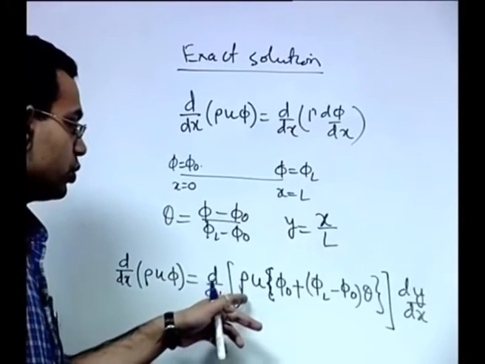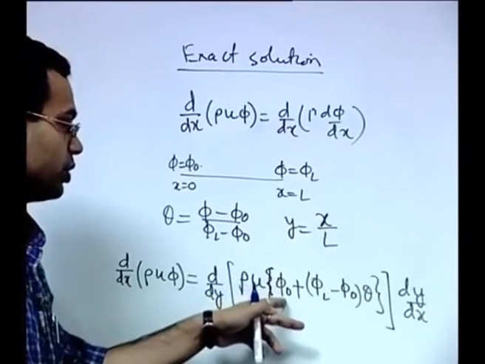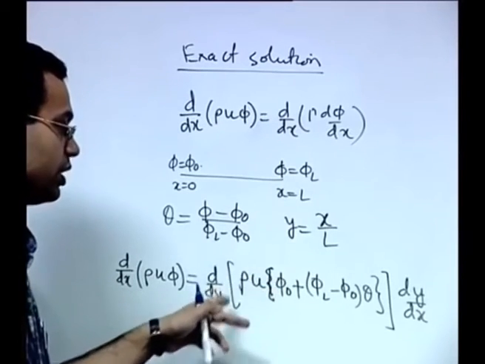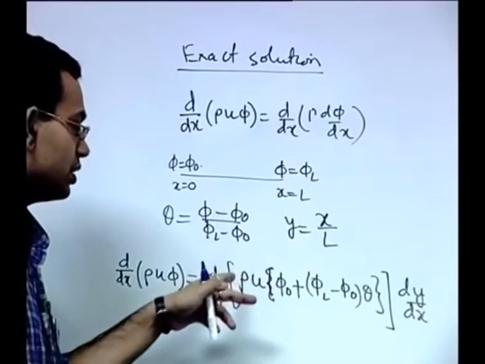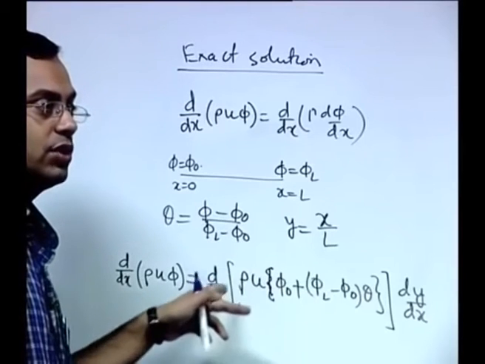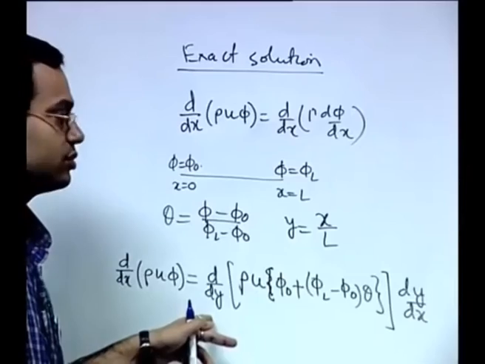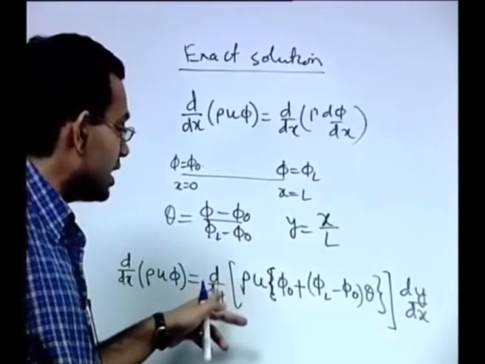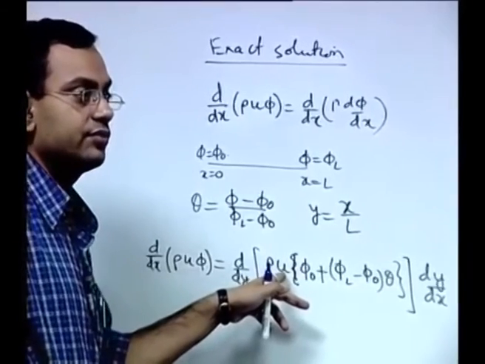d/dy of rho u into phi 0 is what? It is phi 0 into d/dy of rho u. It is as good as calculating d/dx of rho u, because y can be rescaled to x. So, it is basically as good as evaluating d/dx of rho u into some constant.